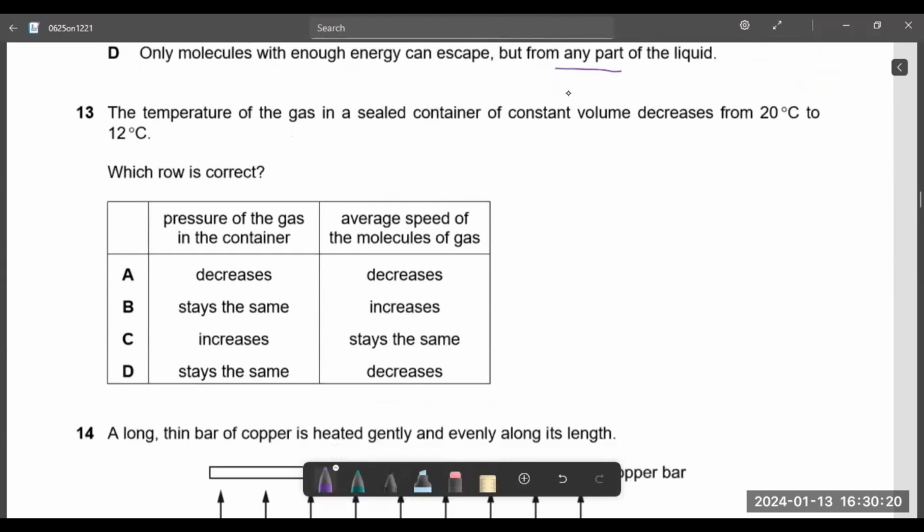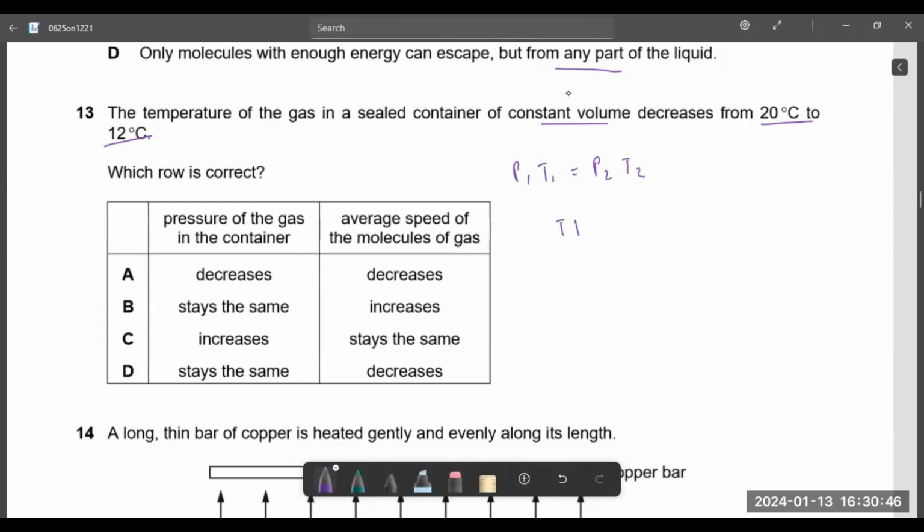The temperature of gas in a sealed container of constant volume decreases from 20 degree to 12 degree. Which row is correct? So according to ideal gas law, P1/T1 is equal to P2/T2 when volume is constant.